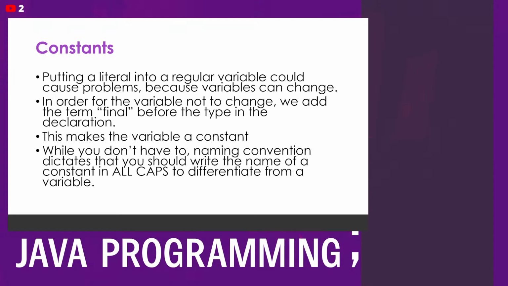For example, if you're familiar with Python, one of the things that we learned in Python is that Python doesn't really have an actual constant. It has sort of a de facto constant where if you see the name written in all caps, then you know automatically that it's a constant. But it doesn't have anything like Java does here, where I can take the term final and put it before the type in my variable declaration and have that variable become non-iterable.